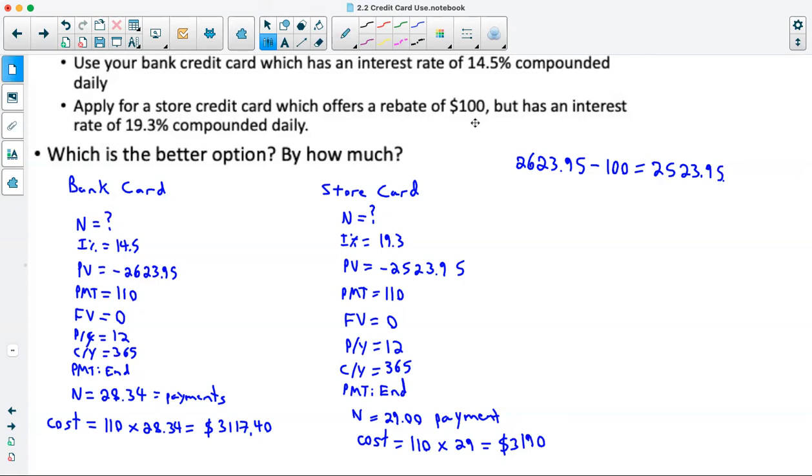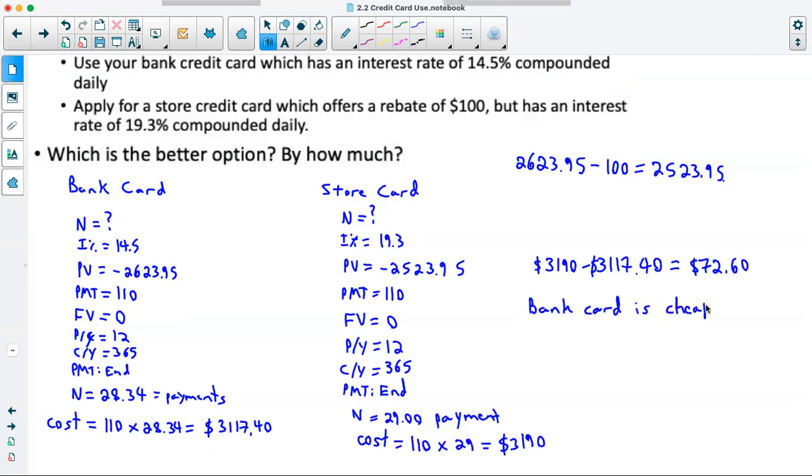If we want to know by how much, we can just subtract them. So we go 3,190 minus $3,117.40, and we get $72.60. So we can say our bank card is cheaper by $72.60.